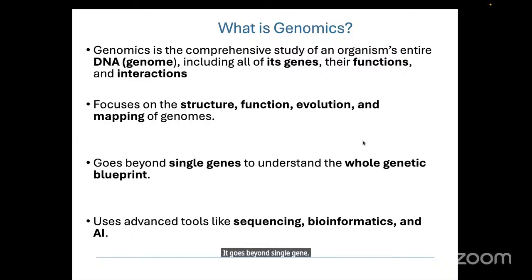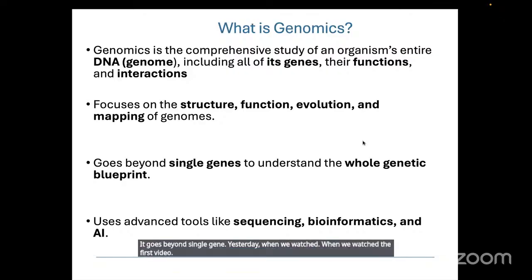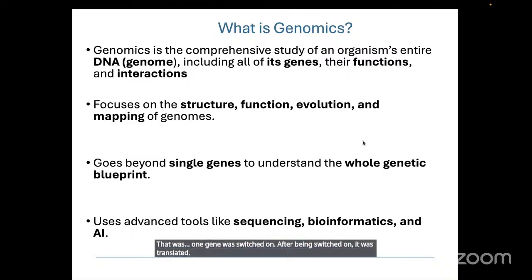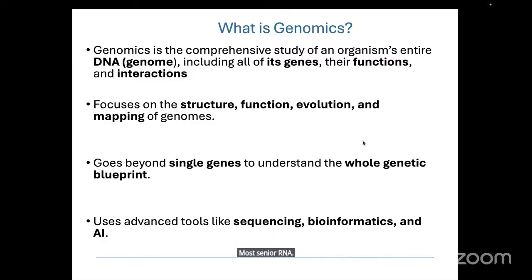Yesterday, when we watched the first video, one gene was switched on. After being switched on, it was transcribed into messenger RNA. That was one gene. But genomics is dealing with everything. So you use advanced tools like sequencing, bioinformatics, statistics, and AI.